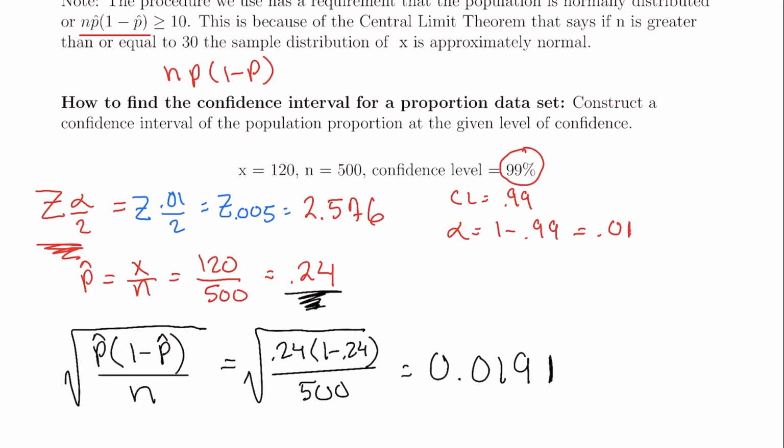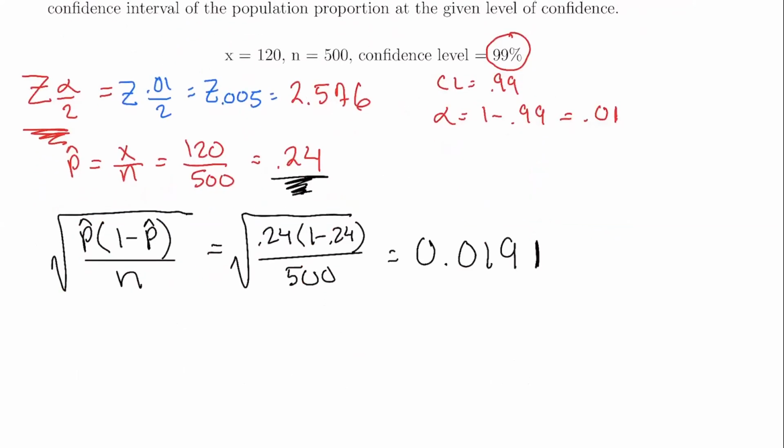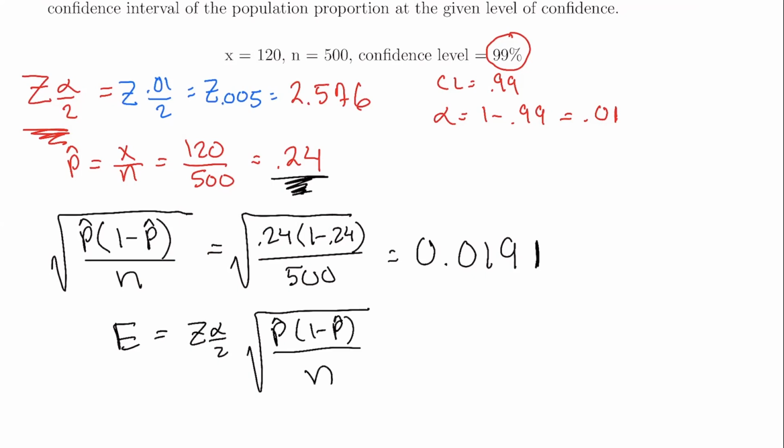What I'm gonna go ahead and do next, I'm gonna find the margin of error. So for margin of error, if you look at it, it says you get Z alpha divided by 2, and you multiply by the square root of P hat times 1 minus P hat, all divided by N. But the thing is, I already found each one of these individually. I already found that Z value is equal to 2.576. And I already found the standard deviation of P hat is equal to 0.0191.